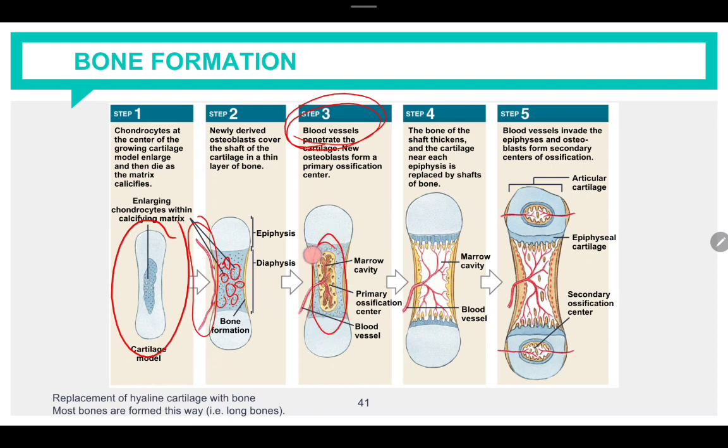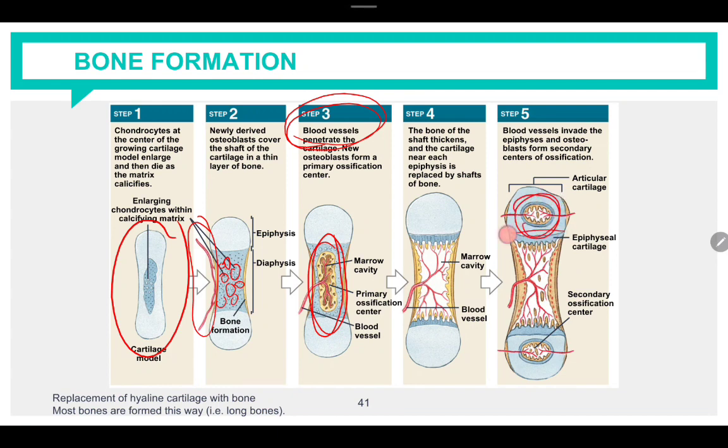Hanggang sa it will make its own marrow cavity and then, yung kanyang main structure na. Tapos ngayon, mawawala yung ating mga chondrocytes, di ba? Kawawa naman sila. The bone of the shaft thickens and the cartilage near its epiphysis is replaced by the shaft of the bone. Blood vessels invade the epiphysis, and osteoblasts form the secondary center of ossification.